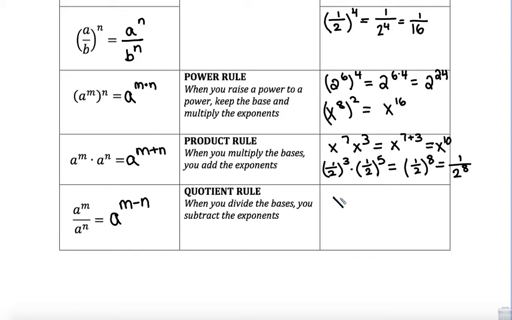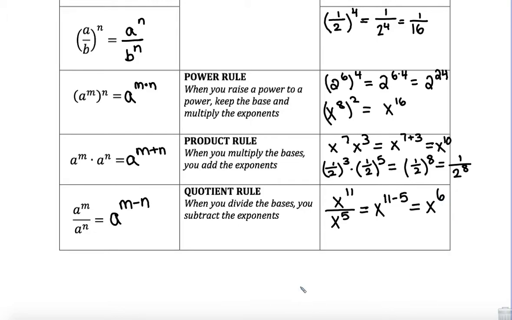So if I had x to the 11th over x to the 5th, that's the same as x to the 11 minus 5, which would be x to the 6th.